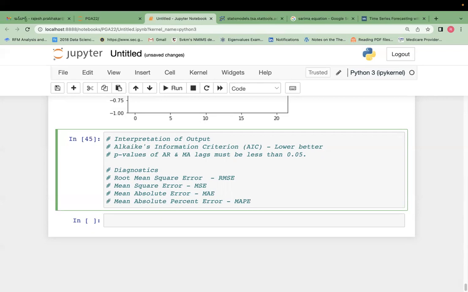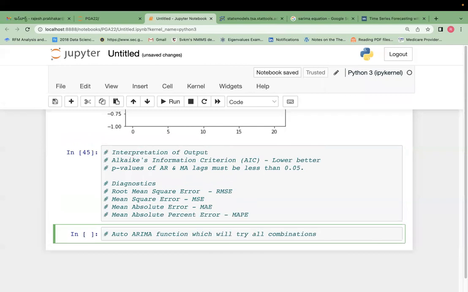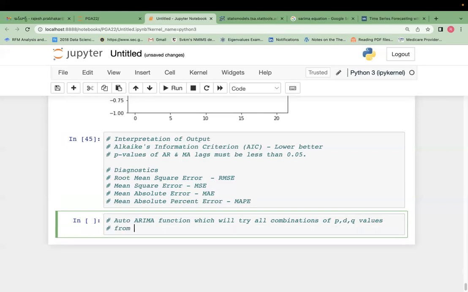All right. So we will be using the auto ARIMA function, which will try all combinations of PDQ values from 0, 0, 0 till 5, 2, 5.